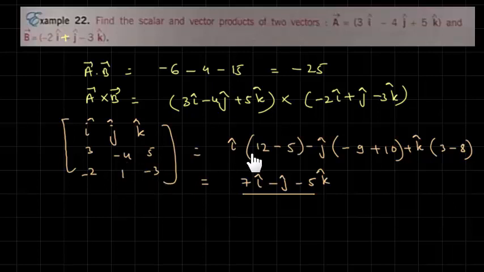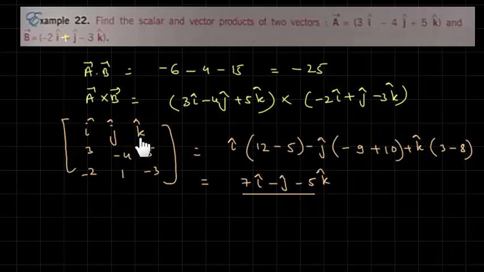So minus 4 into minus 3, this 12, minus 5. Now for the second, we add a negative in front of that. So it will be minus j times 3 into 3, minus 9, times 3 into minus 3, minus 9, minus 5 times minus 2. So minus and minus will become positive, so it will become plus 10.